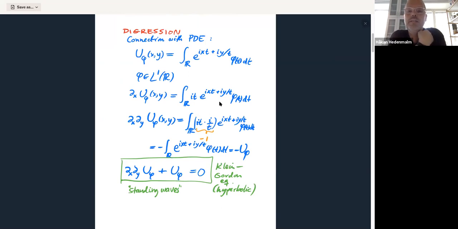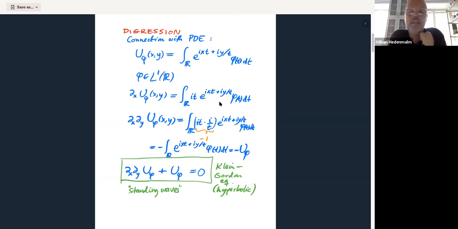you look at that expression, you stare at it for a while, then you see, okay, we take the x derivative and we get one formula, we take the y derivative, we get another expression. And what happens is that when you take the derivative with respect to x and derivative with respect to y, we recover our potential with a negative sign.